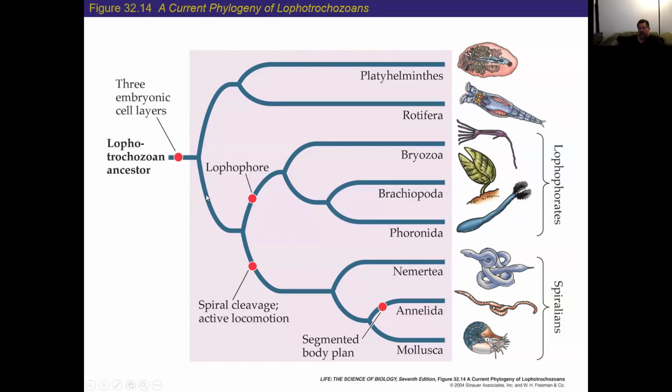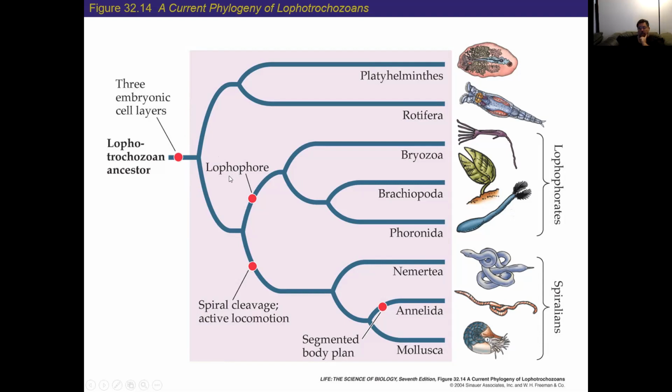Then we'll start talking, that's not on this chart, but if you go back to the first original phylogeny I showed you, then we'll start talking about ecdysozoans, which include insects and arthropods, and then ultimately deuterostomes that include ourselves. And so this is just showing you some of the evolutionary adaptations that we see in the formation of these ancestors, where we have embryonic cell layers, three of them, so the triploblastic.